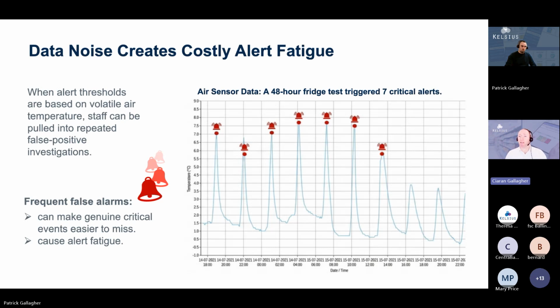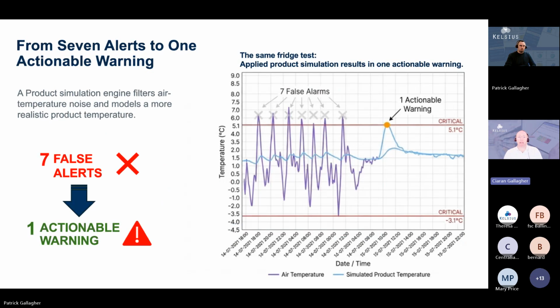It's almost like the boy who cried wolf, where you're getting a lot of alerts, but people are less receptive when they receive them, so they're less switched on. They think it's just another alert, it'll be grand, and then when there is a genuine issue, their defenses are down. So it's very important to have your alerts set up around what your actual product is experiencing. Next slide there, Patrick.